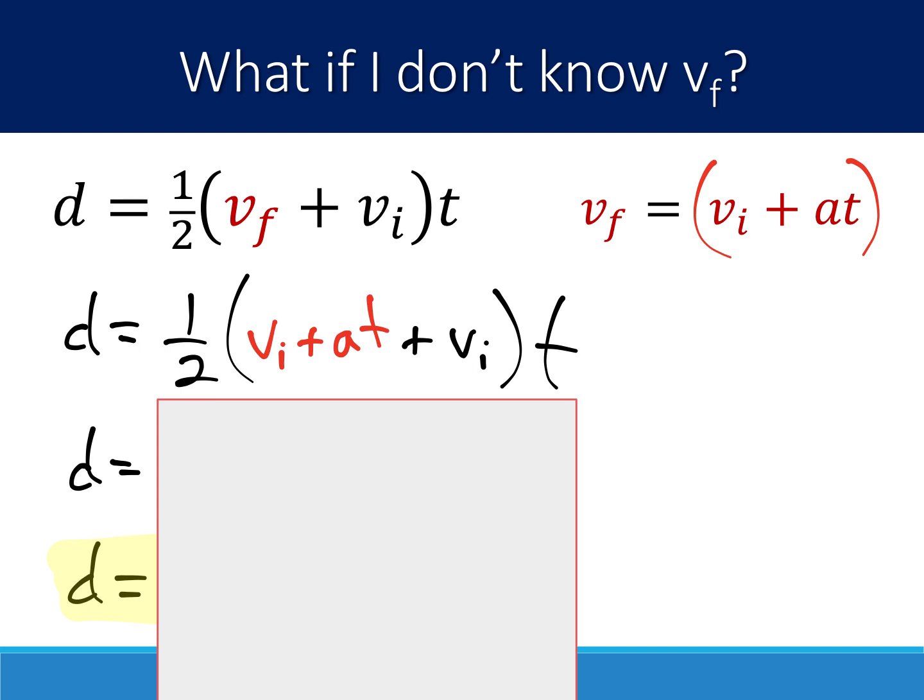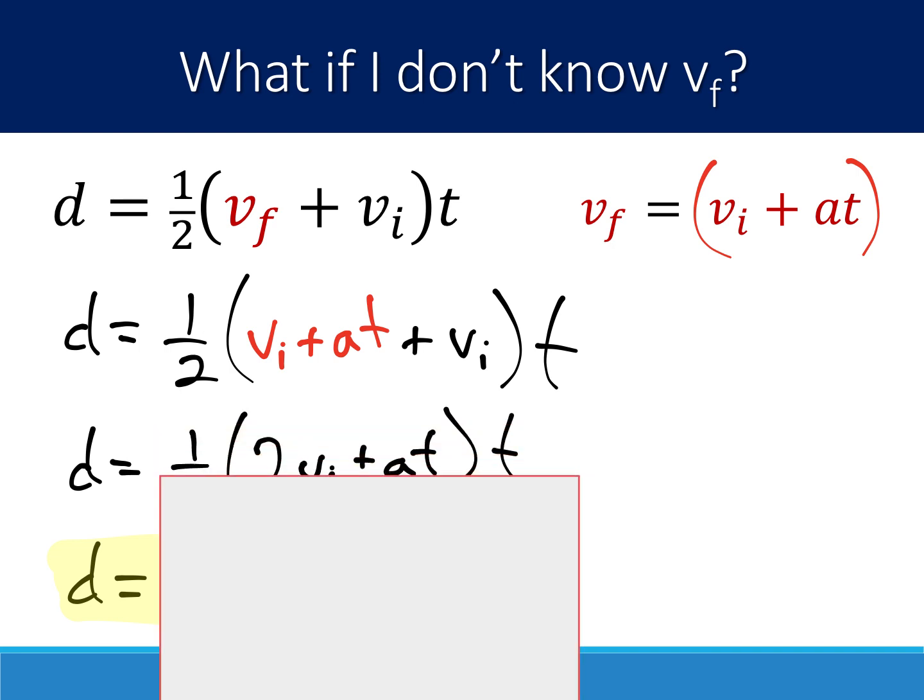We can clean this up a little bit because I'm noticing now that there's a vi plus another vi, and an a times t. I can clean those terms up algebraically by adding the vi's together and still adding the a times t. That's 2vi plus at, times t.